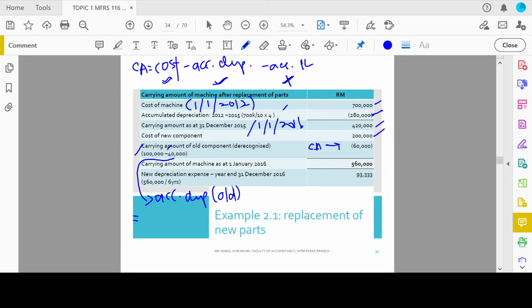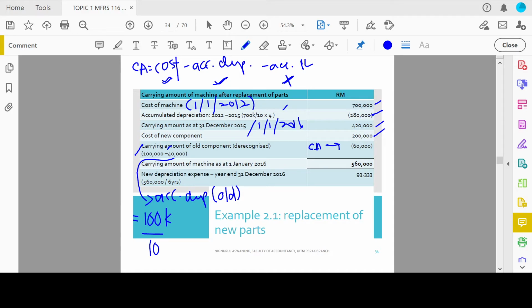The accumulated depreciation of the component equals 100,000 divided by 10, similar to the estimated useful life of the machine, because they come together, and on the first day it was recognized as a whole, as one machine, and this machine has an estimated useful life of 10 years. So we use the same basis, which is 10 years.